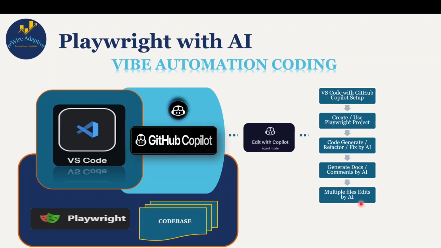Suppose you have created 50 scripts, but you have to generate the documentation for them. For each test, you can use this feature and ask AI to generate the documentation. It will generate it, like we did in Postbot, right? Similarly, this will generate the documentation for the tests that you have created.